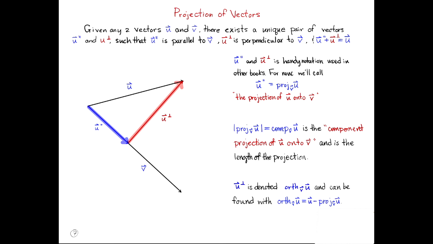Then u perpendicular, we denote as the orthogonal projection of the vector u onto v. If we solve u parallel plus u perpendicular equals u for u perpendicular, the orthogonal projection of u onto v, we have that it is equal to the vector u minus the projection of u onto v.